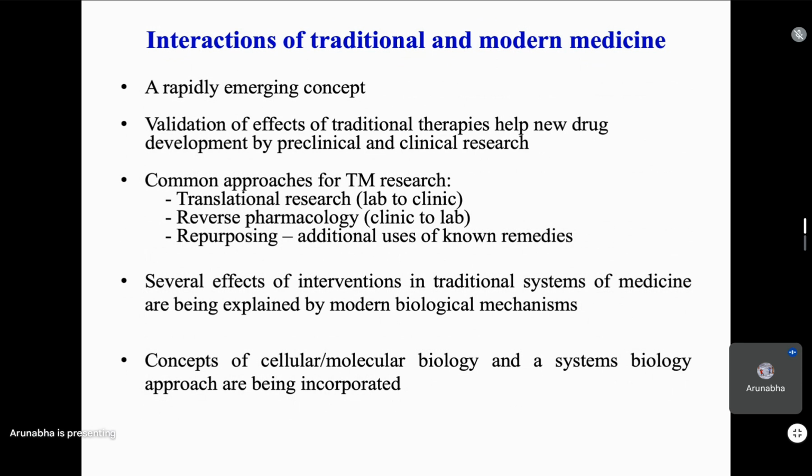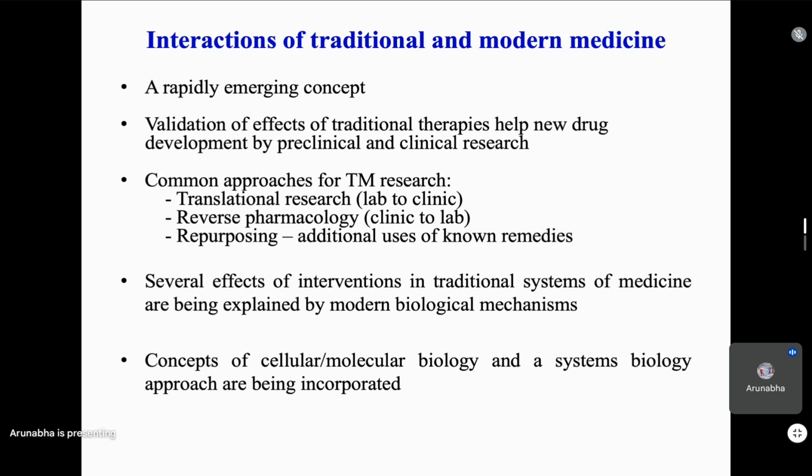The common approaches adopted in traditional medicinal research are: A, translational research, which would mean laboratory findings are translated to the clinic. B, reverse pharmacology approach, which would mean that observations seen in the clinic in traditional systems of medicine are taken back to the lab and tested in disease models in order to see how these drugs act as they are proposed.